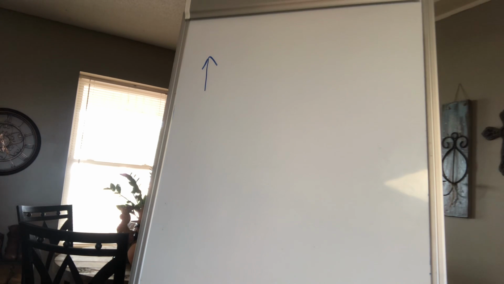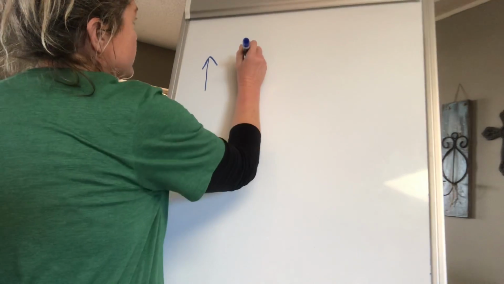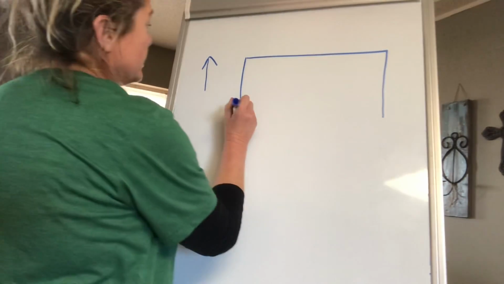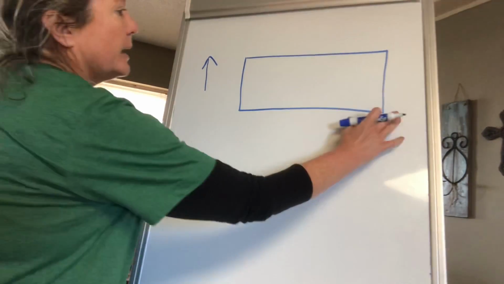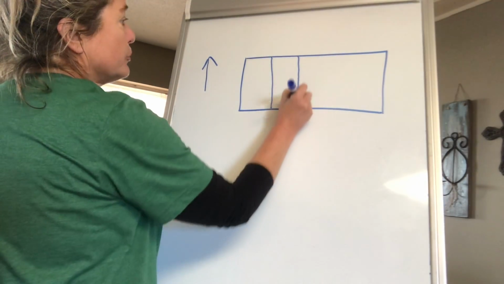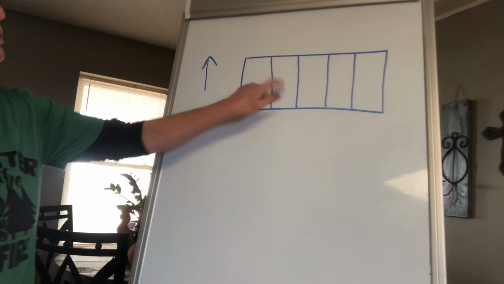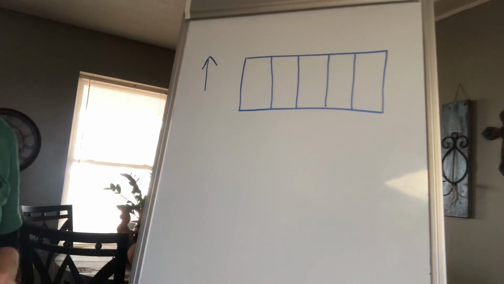Now, on this one, it may help you to draw. So if I had a container, here's my container of strawberries, and we said it was 1/5 full, so we know it's divided in fifths. So 1, 2, 3, 4, 5, it's divided in fifths.